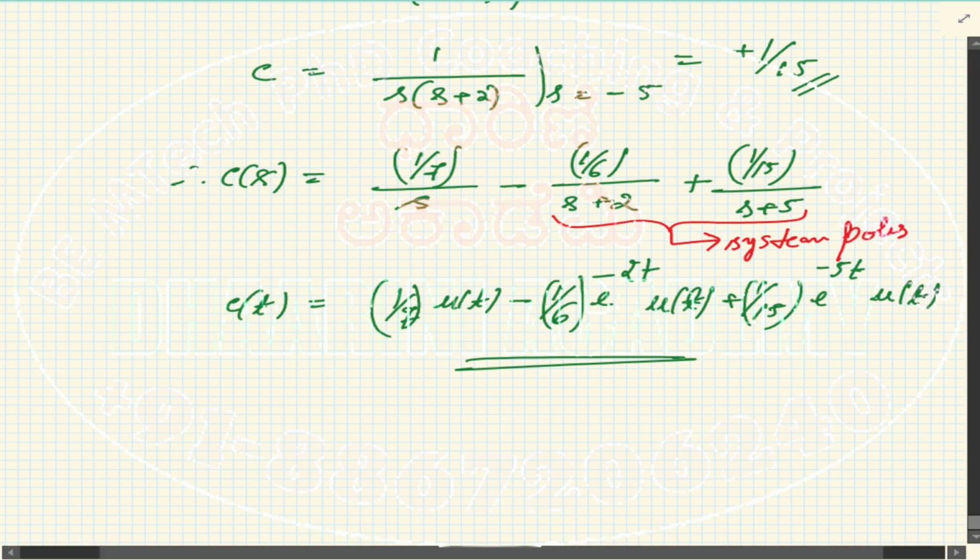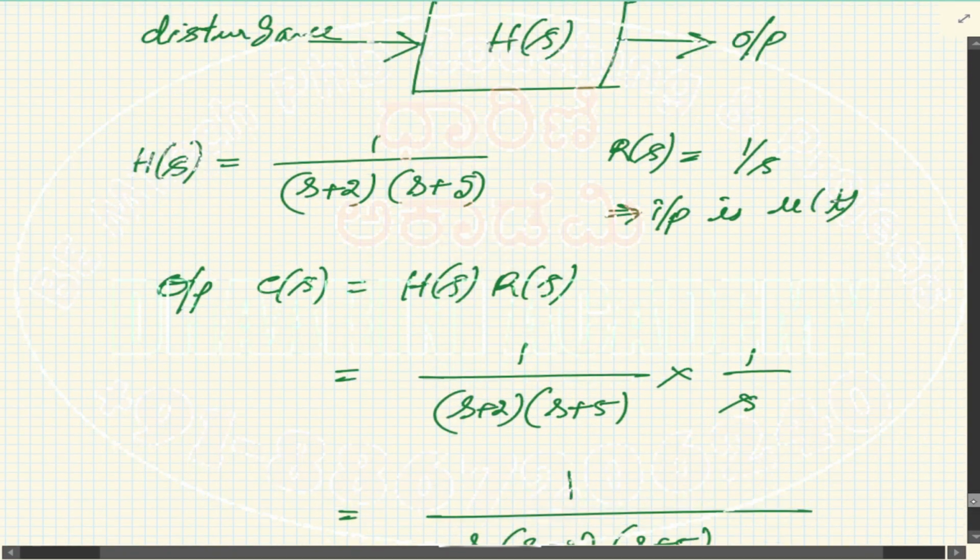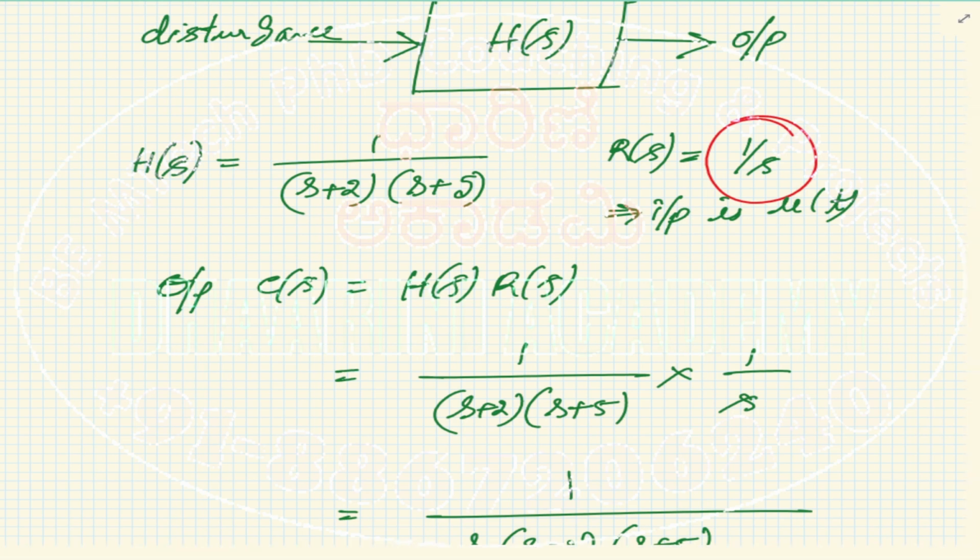All right, then let's go back and check out the input. Input is 1 by s, right? So do you have a pole or zero over here? Again, you can see that there is a pole at s equal to 0, a pole at the origin, and this pole is because of the input.